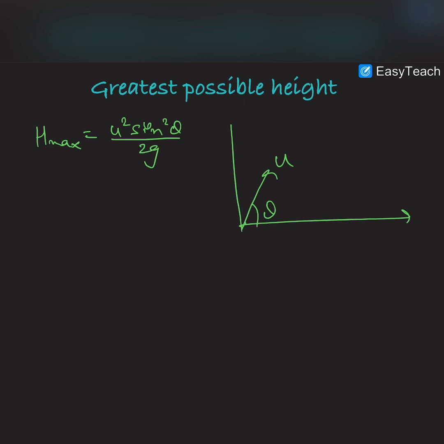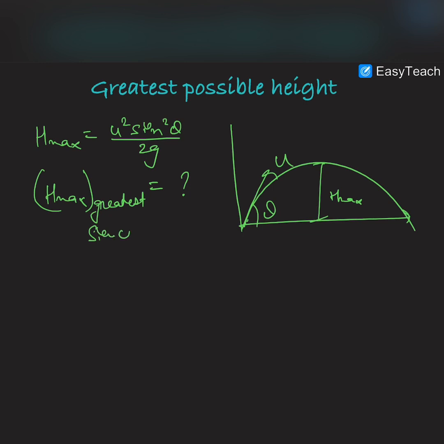Okay, so this means that this maximum height h max is greatest. We know that for h max to be greatest, it is necessary that sine theta should be greatest, and the greatest value of sine theta is 1.